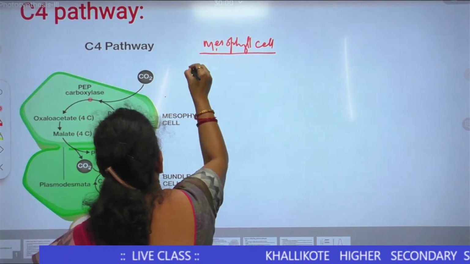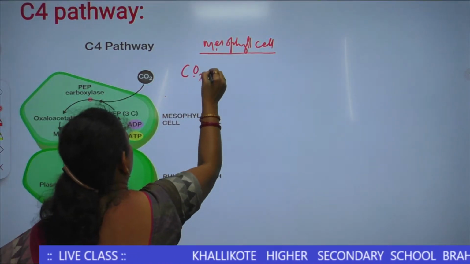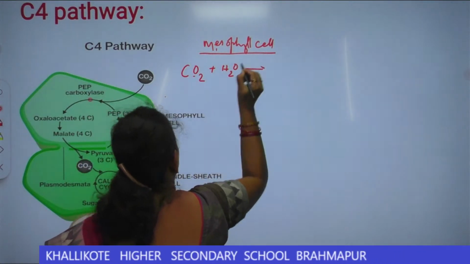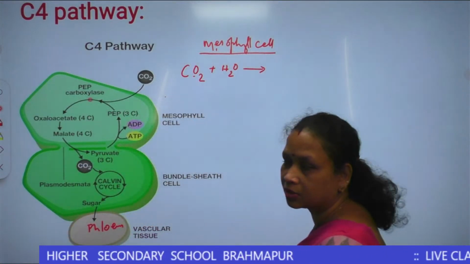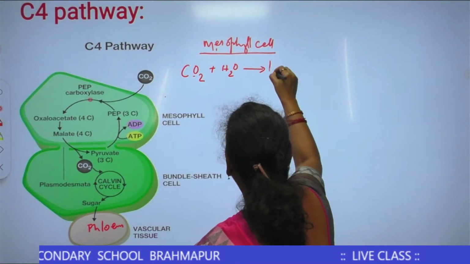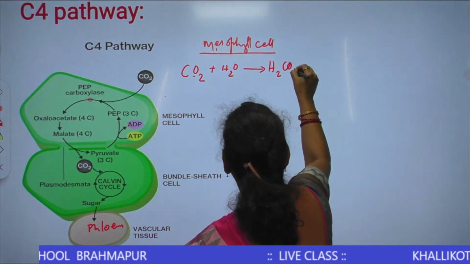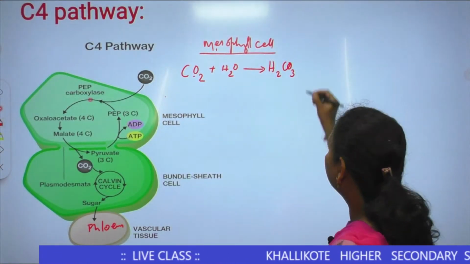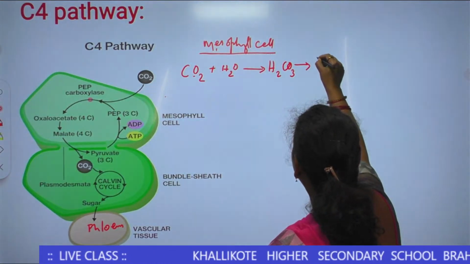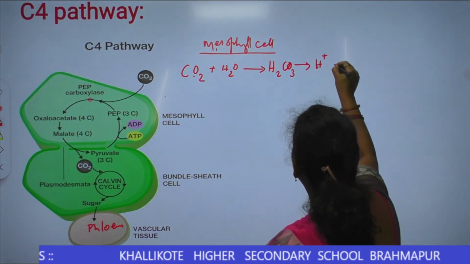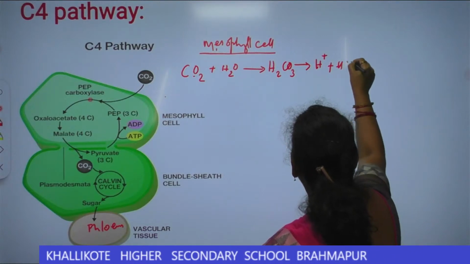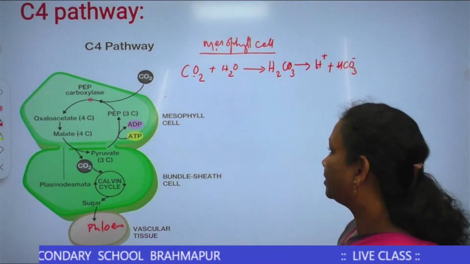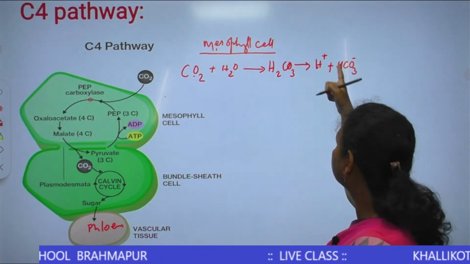The first reaction is carbon dioxide combines with water. When it combines with water, it becomes carbonic acid. This carbonic acid then dissociates. It becomes H plus and HCO3 minus ions. So, that means here you have fixed carbon dioxide.